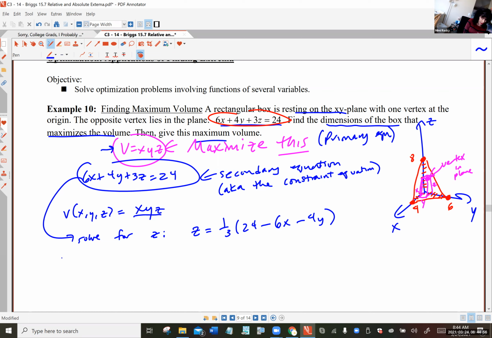So now you're going to substitute this into the volume function. And so your volume will now be a function of 2 variables only, which is good. It's going to be x times y times this 1/3 times 24 minus 6x minus 4y. Okay? And now we're going to do calculus on this.